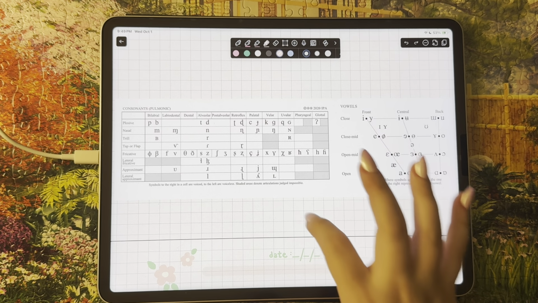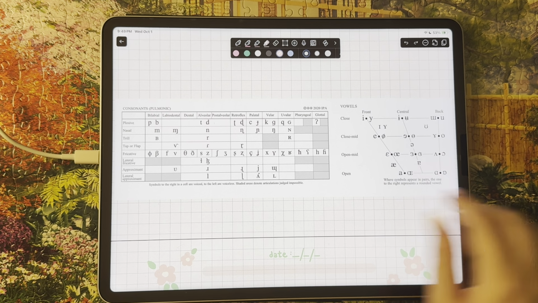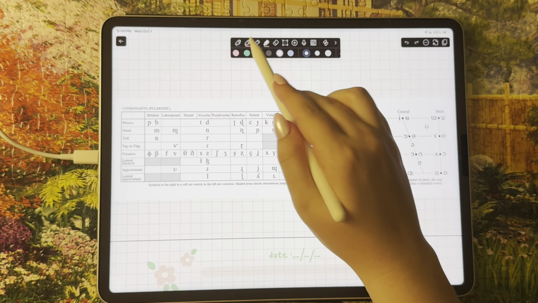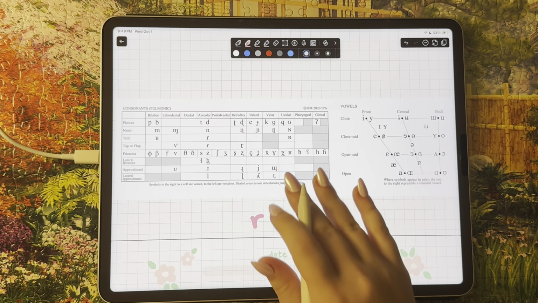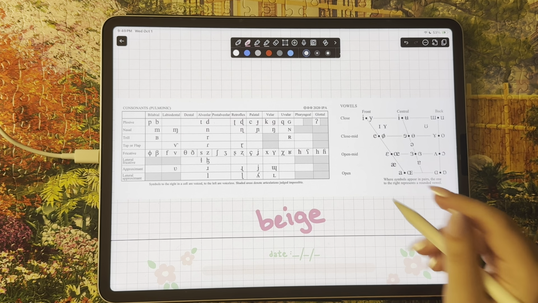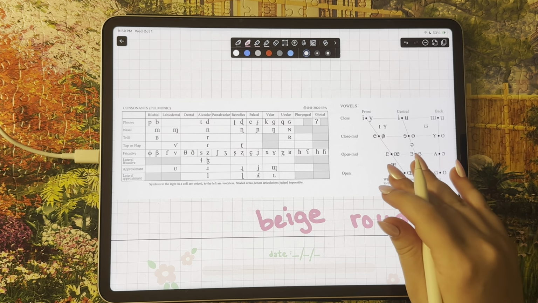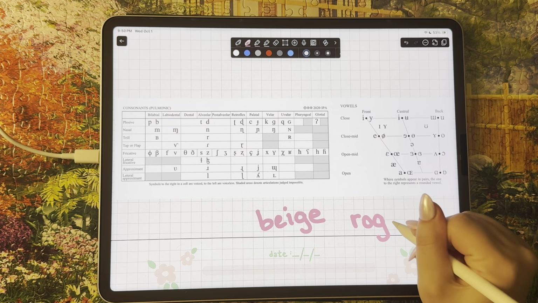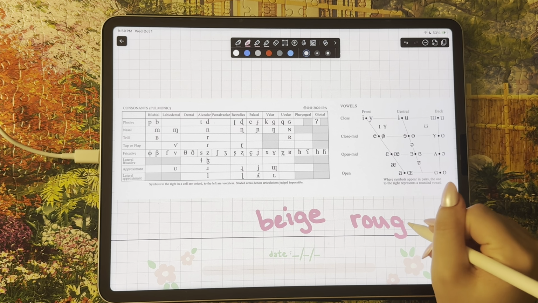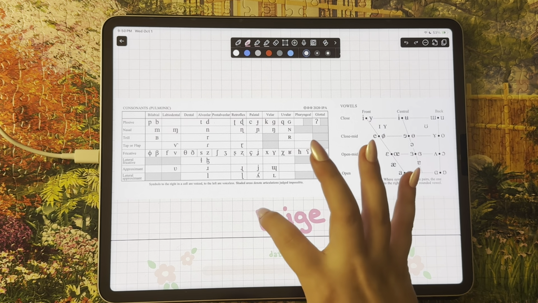And zh is written as, like, in the word beige, or rouge, I don't know how to spell rouge.